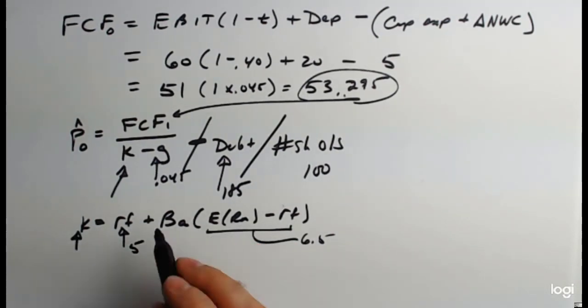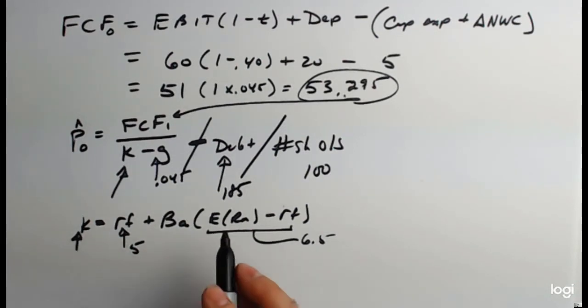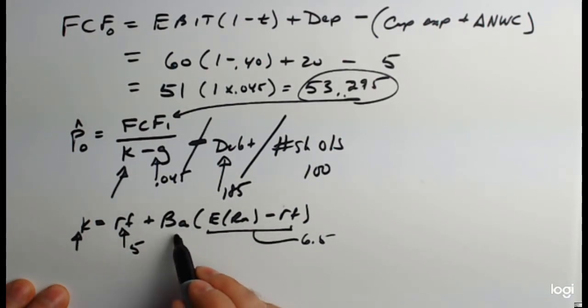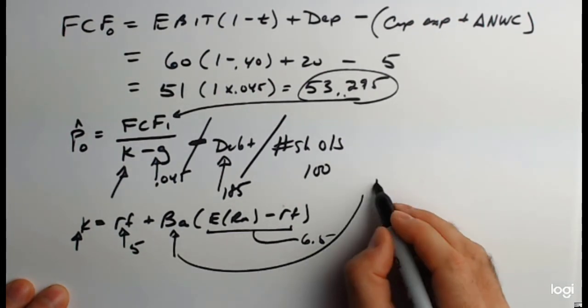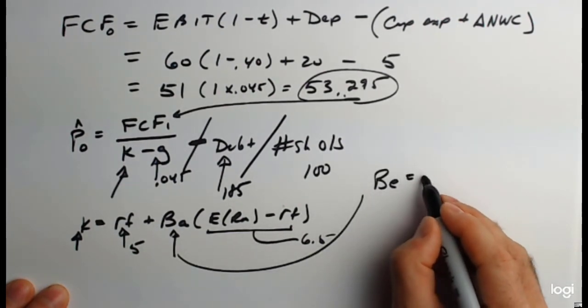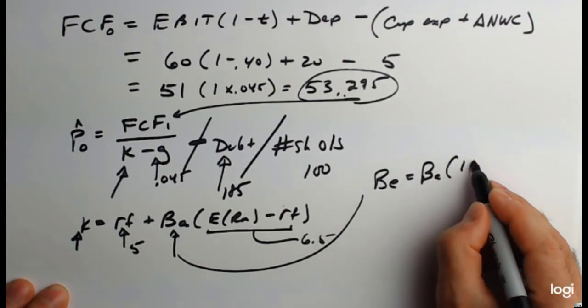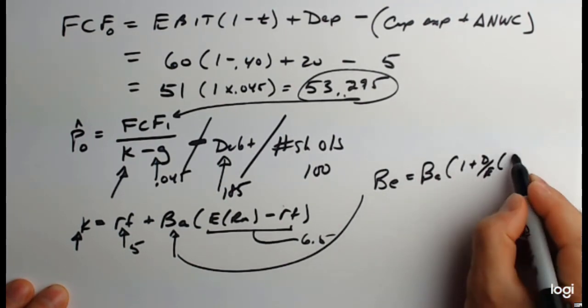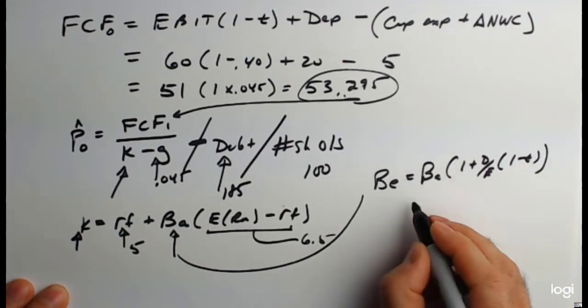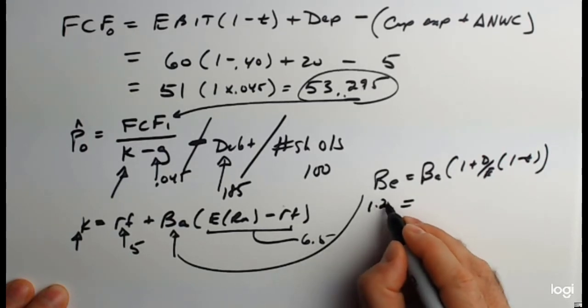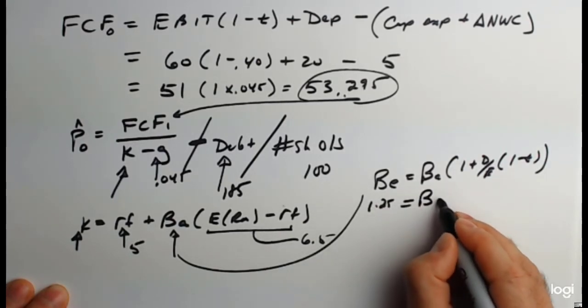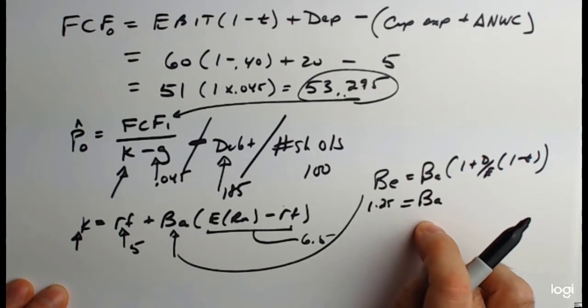That's what we need to solve for. So what is this guy here? What is the asset beta? Well, beta of equity equals the beta of assets times 1 plus debt to equity times 1 minus T. This equals 1.25. We're going to solve for this because that's the unobservable thing.